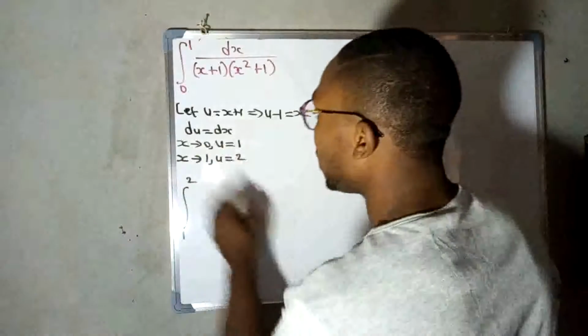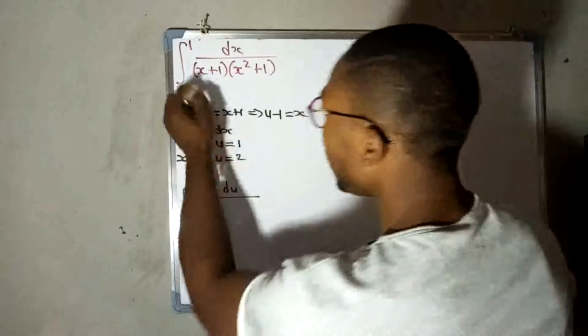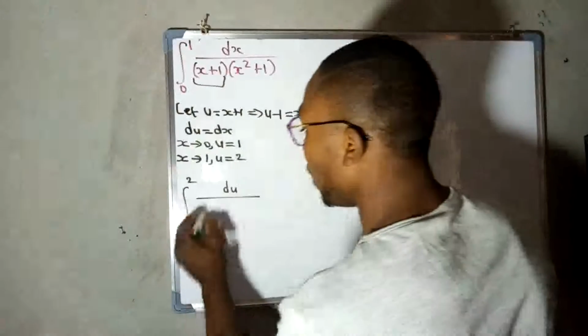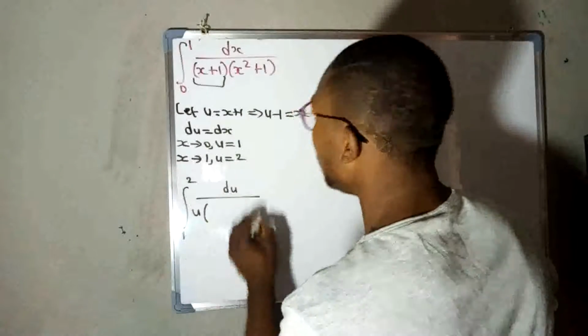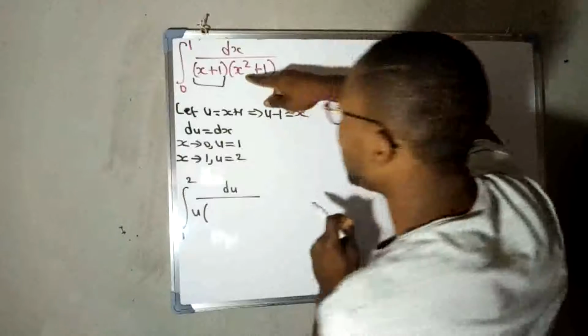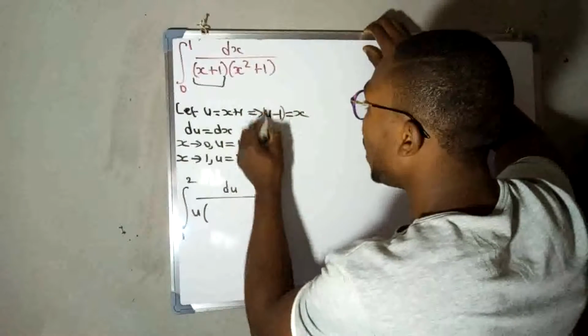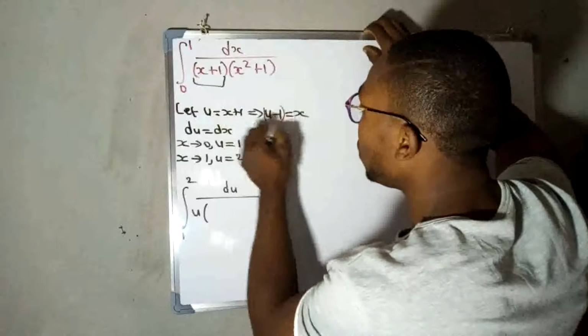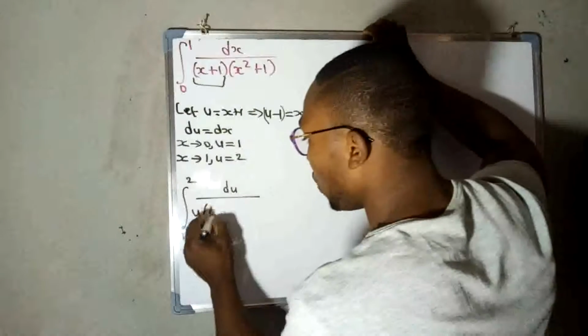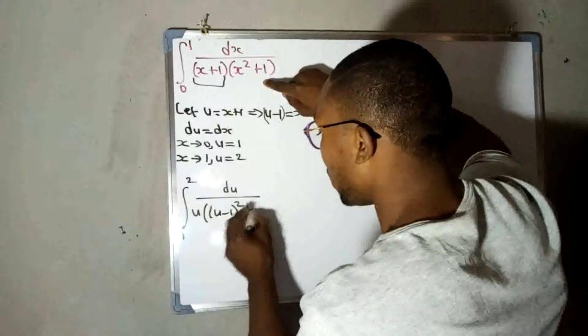Now my dx is nothing but du, and all of this is now my u, so I'll bring my u in brackets. Now we have to solve for x. Remember, on this side we have x squared plus 1, so when I substitute x, it will be u minus 1 to the power of 2, and don't forget the plus 1.